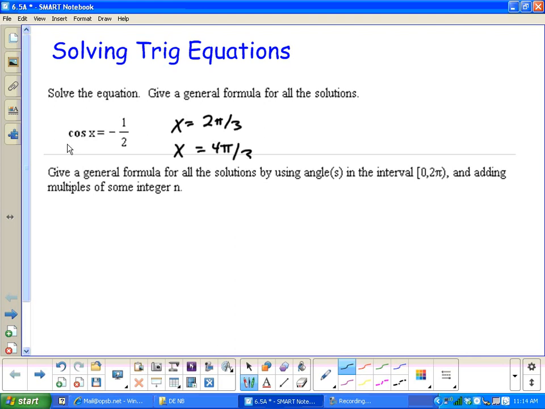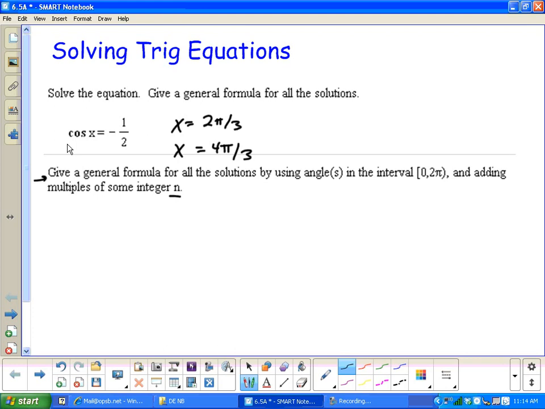Now the thing is, there are really infinitely many solutions. That's just two solutions. Look at this part right here where it says give a general formula for all solutions by using angles in the interval from 0 to 2 pi and adding multiples of some integer n. 2 pi over 3 and 4 pi over 3 are only the answers that fall on the unit circle, from 0 to 2 pi.